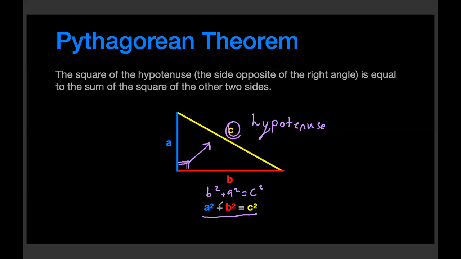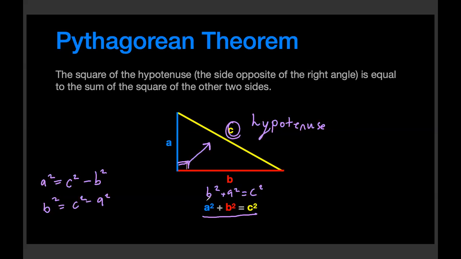Oh, I'm seeing people rearranging the formula. That's awesome. Yeah, because if we want to get a side length, I'm seeing A squared equals C squared minus B squared. Yes. Then B squared equals C squared minus A squared. Seeing this in the chat, that's all great.